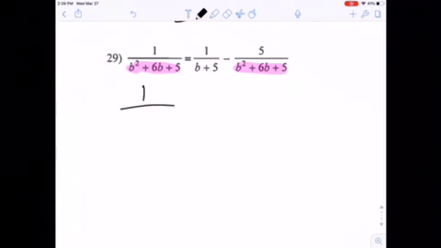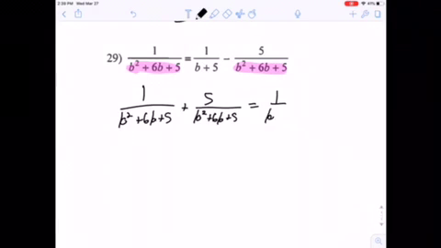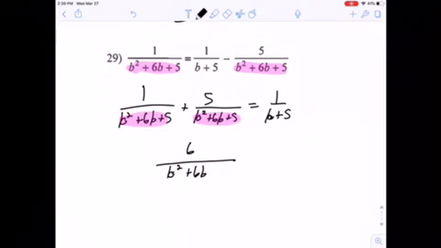And what that looks like is you get 1 over b squared plus 6b plus 5 plus 5 over b squared plus 6b plus 5, and that's going to equal 1 over b plus 5. And so here, adding these together, seeing that we have common denominators, we're going to do 1 plus 5 is 6 over b squared plus 6b plus 5 equals 1 over b plus 5.